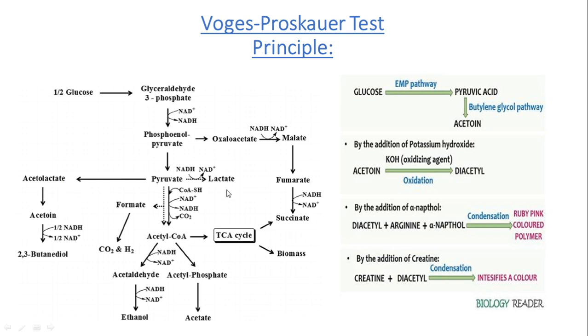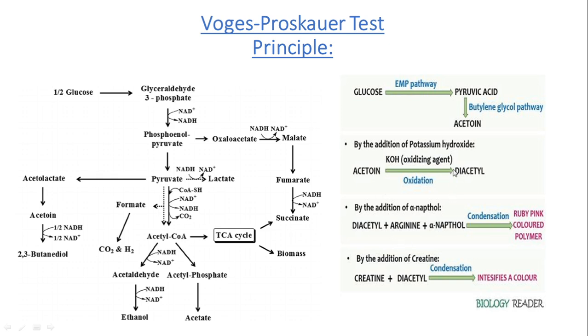In this test we are going to use two reagents. One is KOH, potassium hydroxide, which acts as an oxidizing agent, and the other reagent is alpha naphthol, which acts as a catalyst that intensifies the color of the complex that is formed in this reaction.